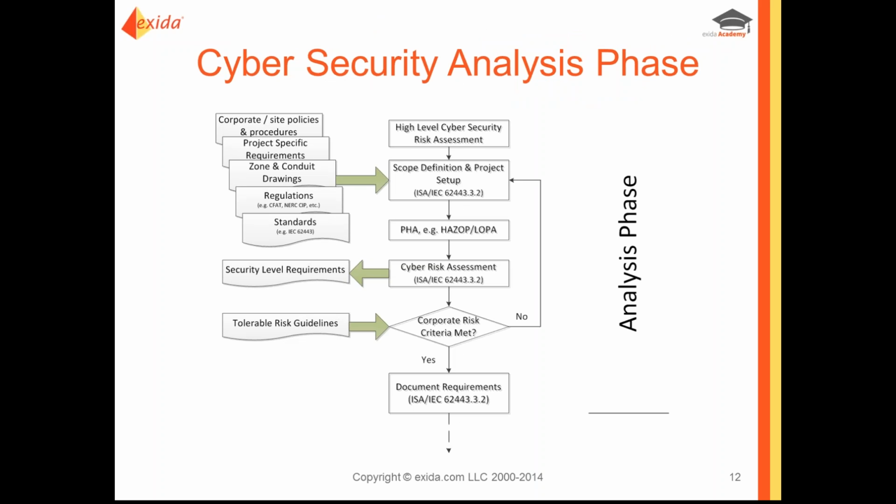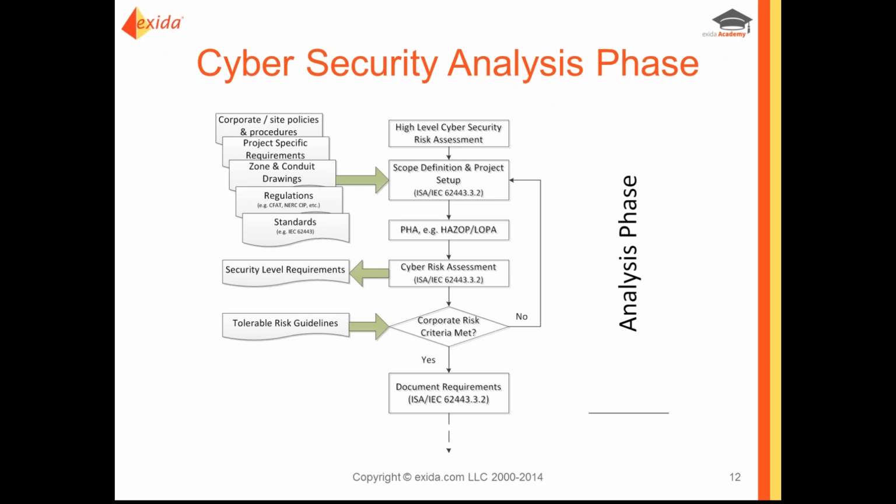So looking at the analysis phase of the cybersecurity lifecycle, we start first with the cybersecurity risk assessment itself, which involves the scope definition, so in other words, being quite clear about exactly what equipment is involved in the analysis that you're doing and the equipment that you're going to be protecting.